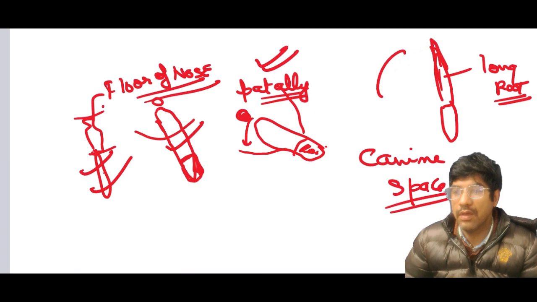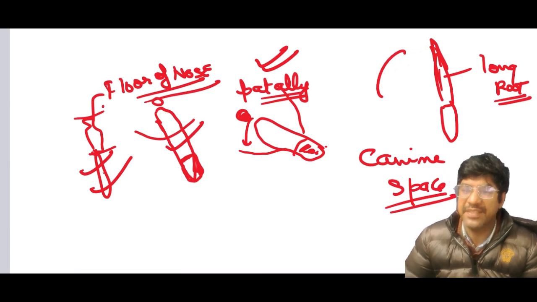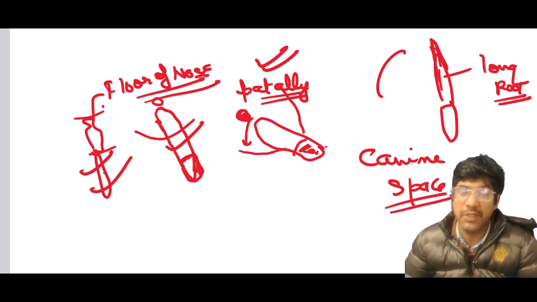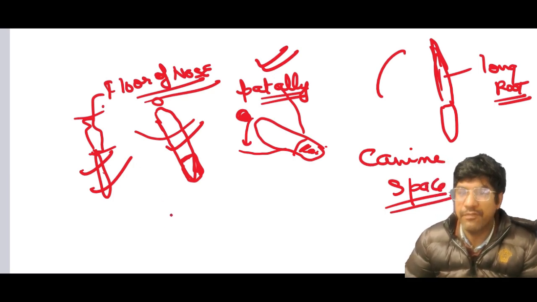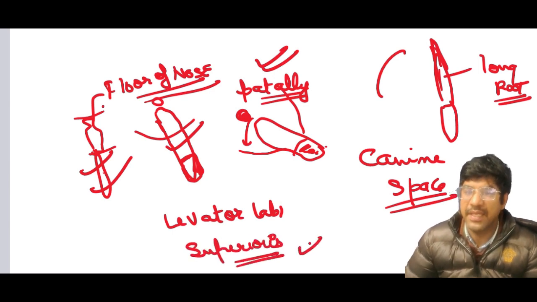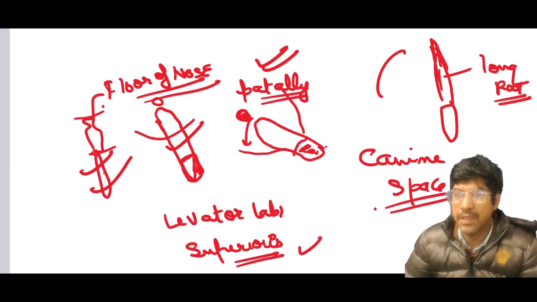This space is a subdivision within the superficial facial compartment, and it is situated between two structures. One is the levator labii superioris muscle. This muscle is located in the upper lip, and it is involved in elevating the upper lip.